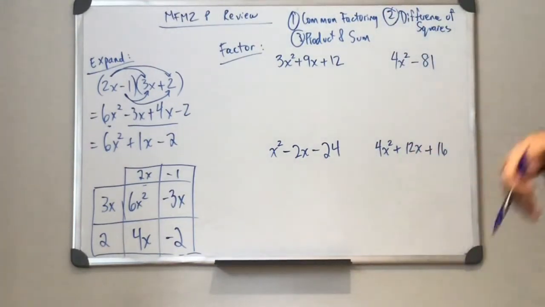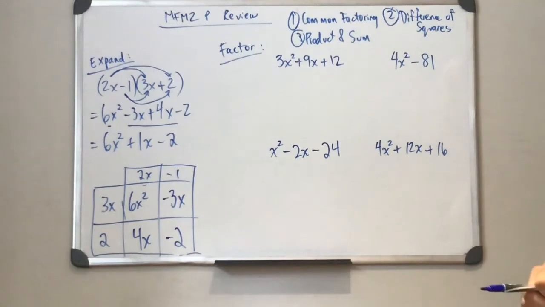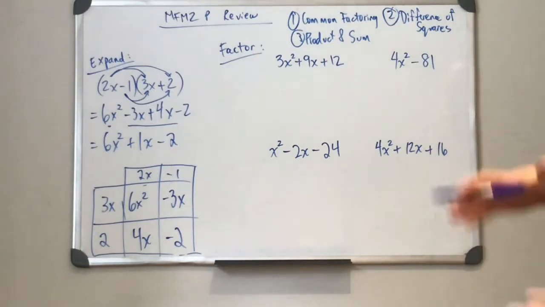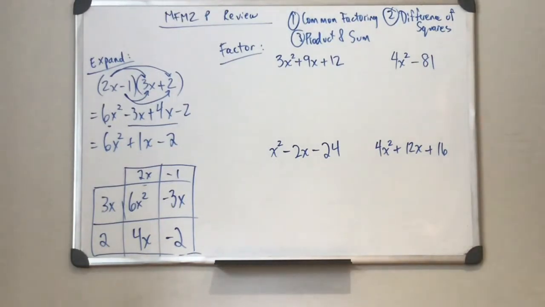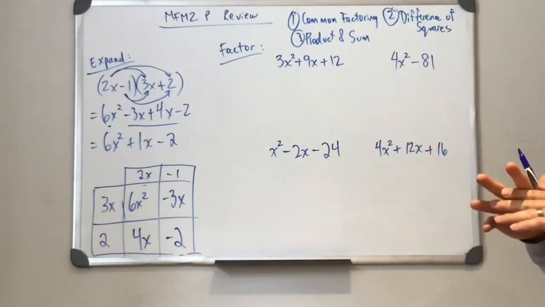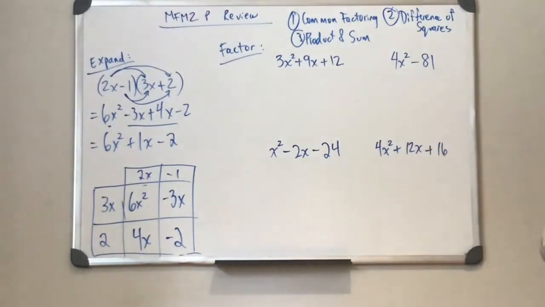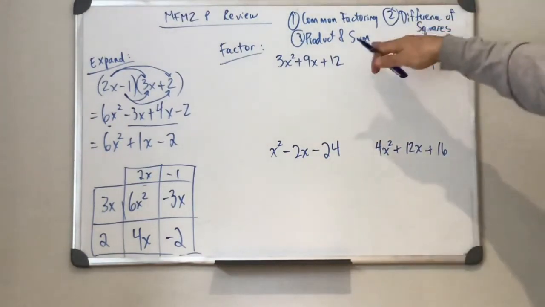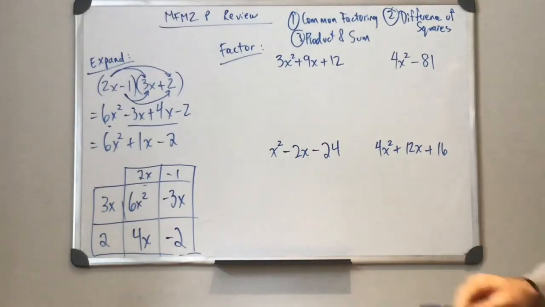In this one, I'm not telling you specifically which one you have to use, so we're going to just have to try to identify what we have here. Now, for all four of these, we always want to try to common factor first. If we can common factor, do it. You'll either be done, or it might lead you to one of these types of factoring.